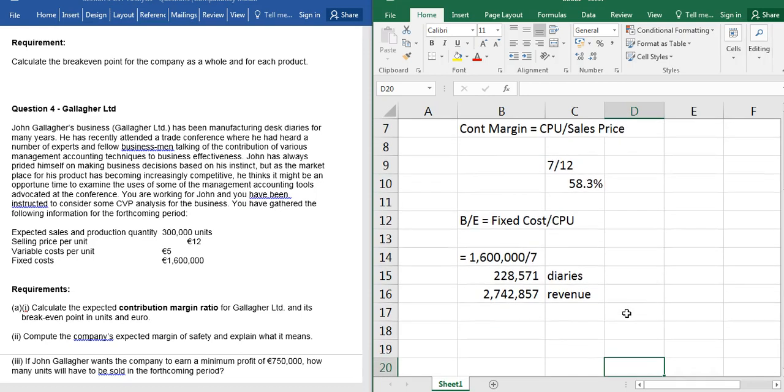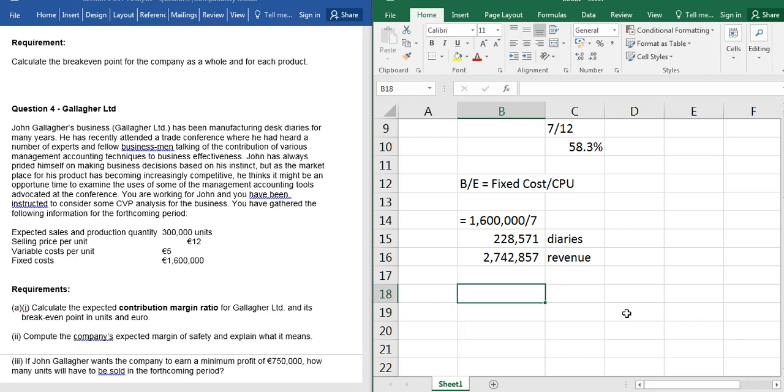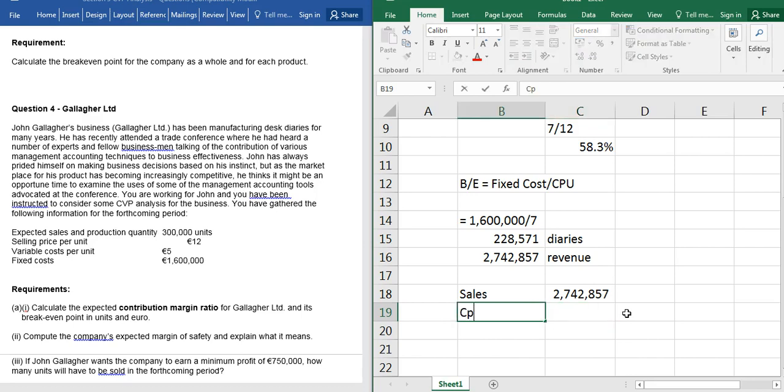Now you're not asked for it here, but let's just prove that's correct. So if you earn sales of your 2.7 million, your variable costs, I should say, this is just to prove that this is the break-even point. Your variable cost will be 228,571 diaries times 5.